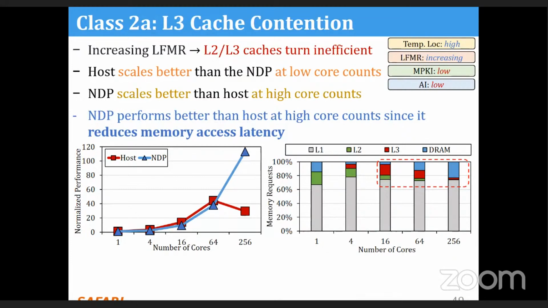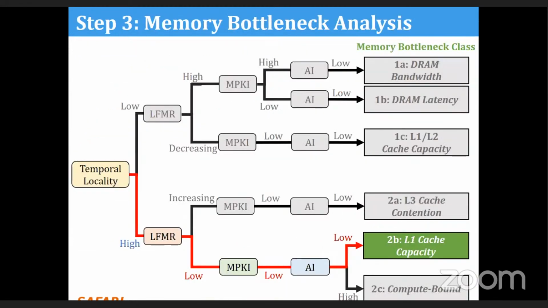As we increase the number of cores, we have more memory requests being satisfied by lower levels of the cache hierarchy, L2 or L3, or even worse, DRAM, right? So the higher the number of cores, the more frequently we have to go to DRAM, and this is what makes this particular class end up being good for NDP for a large number of cores.